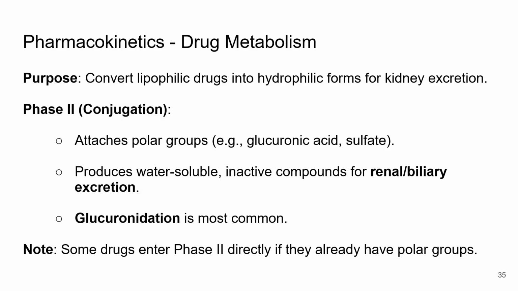So common conjugates in this would be glucuronic acid or sulfate. These reactions produce compounds that are highly water soluble, and typically after phase 2, they are pharmacologically inactive. So once conjugated, these drugs are usually ready for renal or biliary excretion. The most common phase 2 reaction is glucuronidation, which plays a major role in clearing many medications from the body.